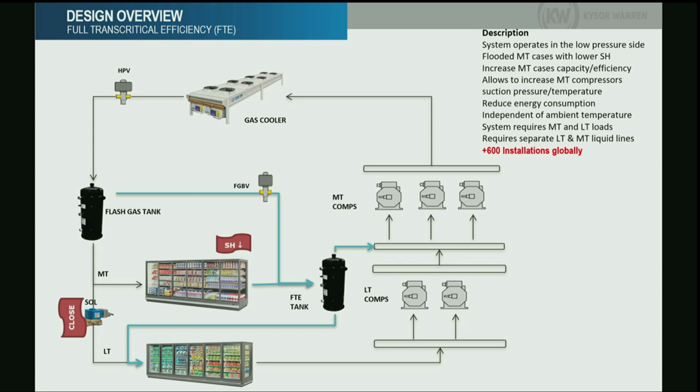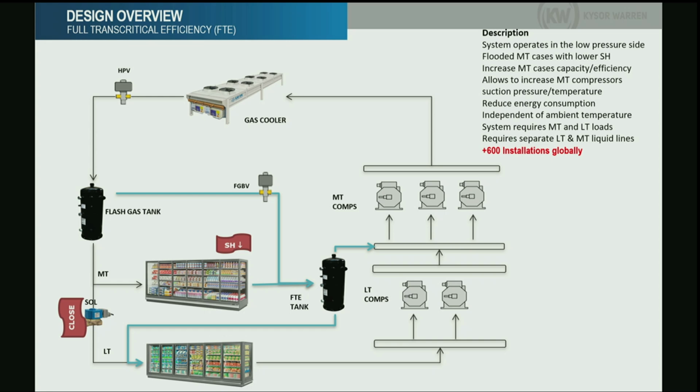So if we can increase the suction temperature by about 4 or 5 degrees, you can increase your compressor efficiency about 9%. So that is one way that you can make your systems more efficient. That is what we do here at the medium temperature.